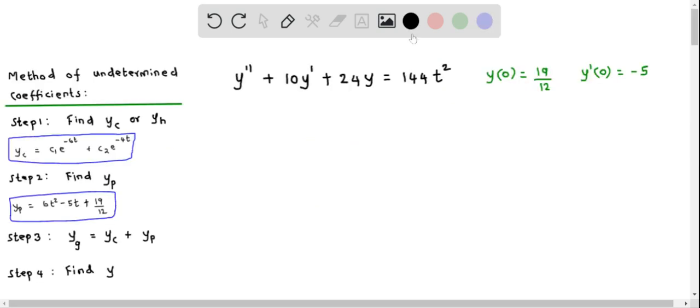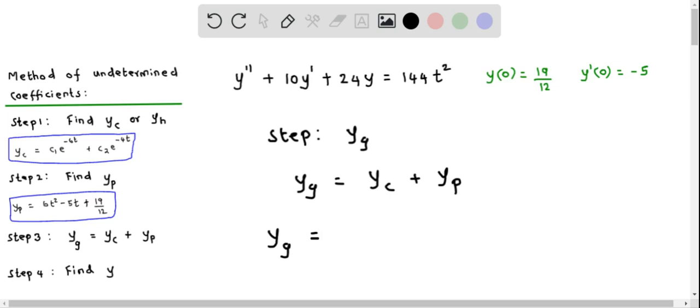Now let's do step 3. Here we determine the general solution, that is y sub g. We write down y sub g, the general solution, equals the complementary function plus the particular solution. We just have to add the complementary function with the particular solution, which we found in step 1 and step 2.